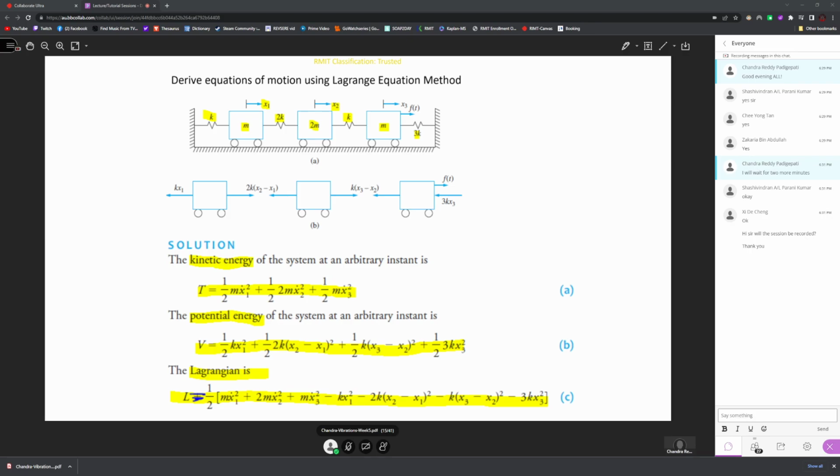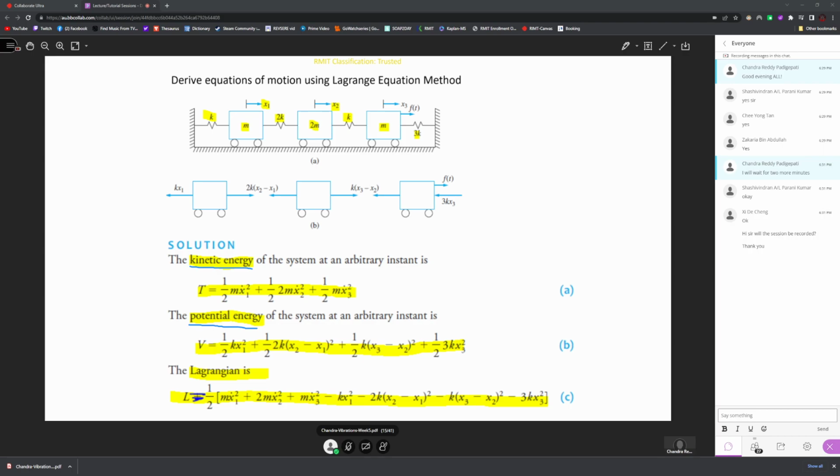Okay, so this example is basically an application of Lagrange's method. There are only masses and the stiffness constants. So we basically write the free body diagram for the masses. Then we write the total kinetic energy in the system, and the total potential energy in the system.